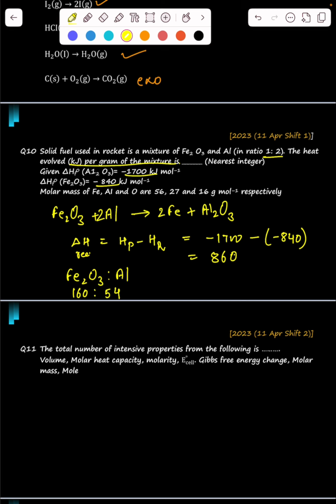Okay, total mixture we are getting, that is the 214 gram mixture. So we will have 860 divided by 214, that we will get 4 kilojoule per gram, because that we got kilojoule per mole. So per gram is how much? That is the 4 kilojoule. And that's our answer.